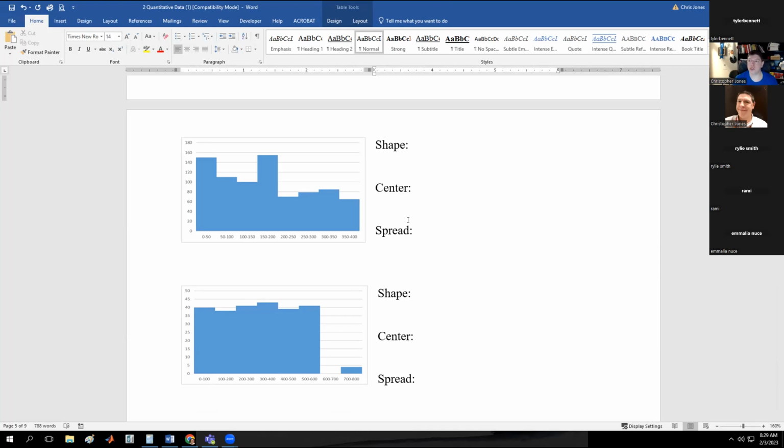I think the first of these two graphs is not as difficult as the second.